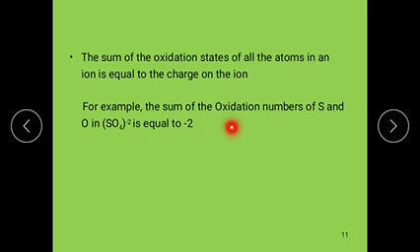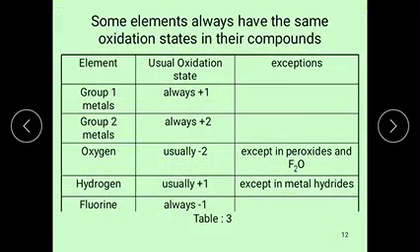For example, the sum of the oxidation states of sulfur and oxygen in sulfate, SO4 2-, is equal to its charge, that is -2. Here sulfur is +6, which is its group number, and oxygen is -2, so +6 plus 4 times -2 equals -2.